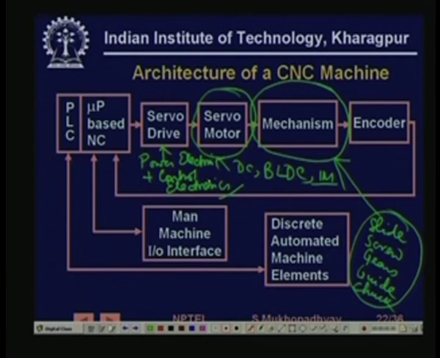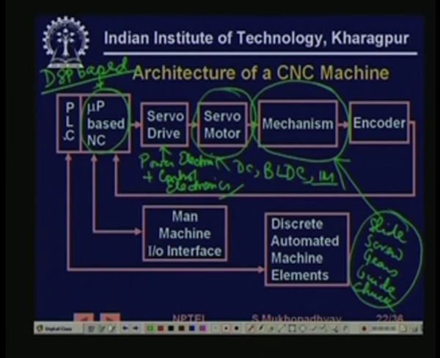These control electronics and the power electronics are often controlled by microprocessor based systems. Sometimes modern machines are becoming DSP based, or digital signal processor based drives, which can provide very sophisticated control for these machines.